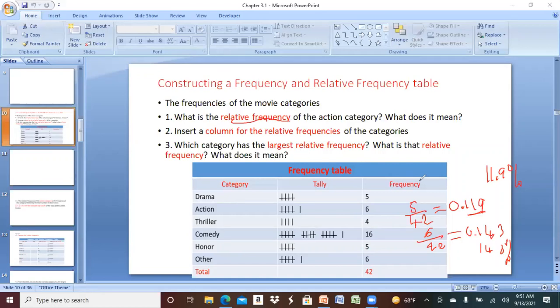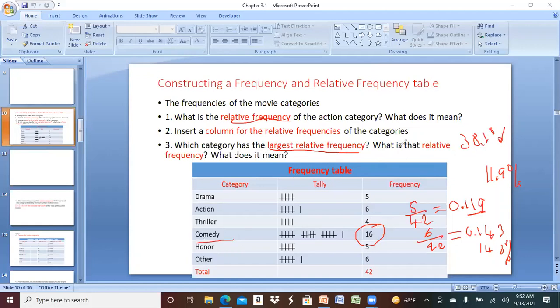Now, any question about finding the relative frequency? Another question, what is the largest relative frequency? You look under here, this is the biggest, right? This should be the comedy, 38.1%. Right.